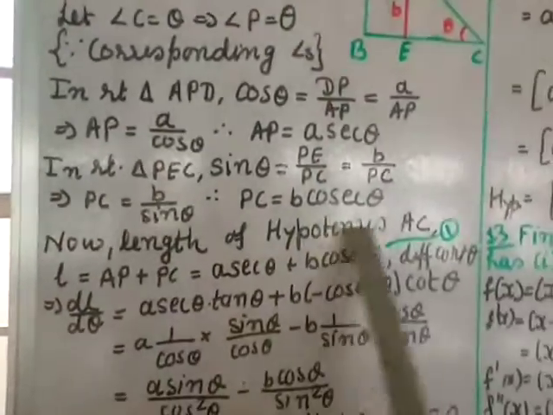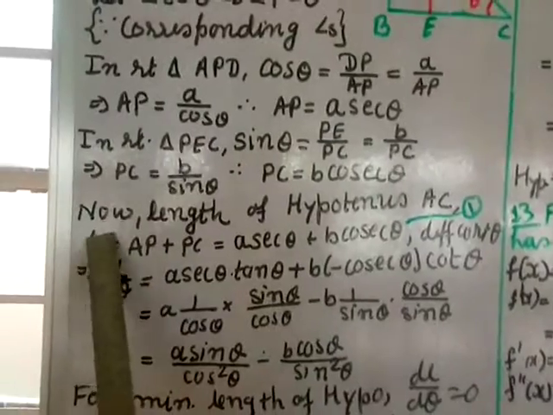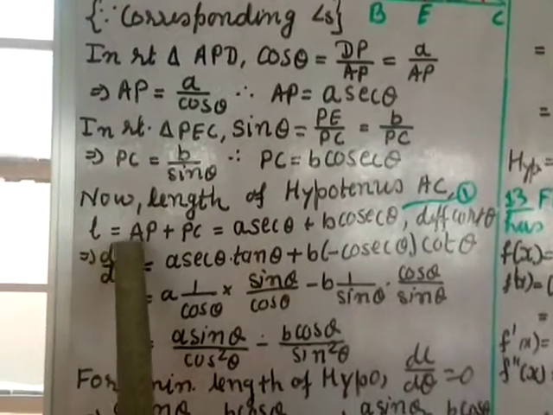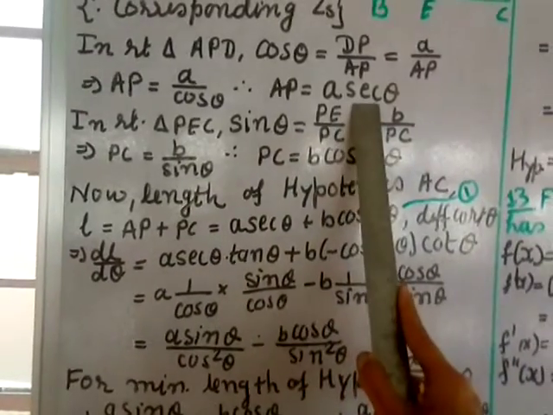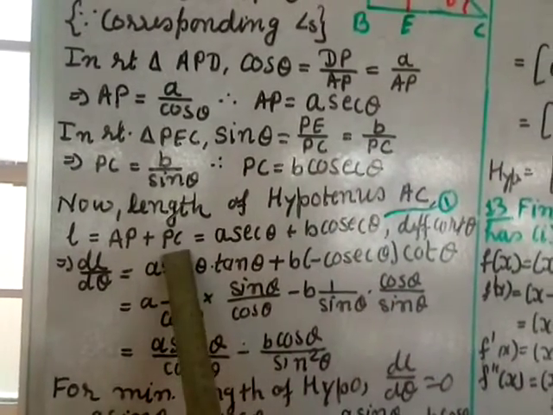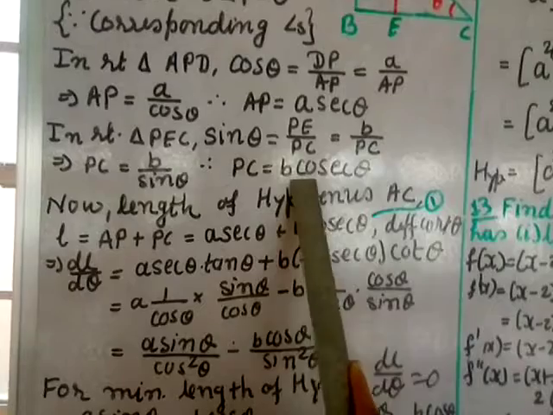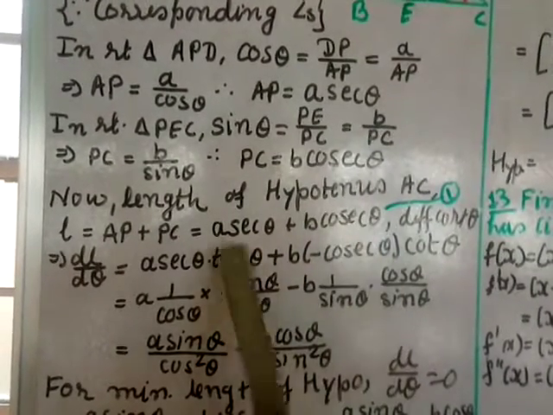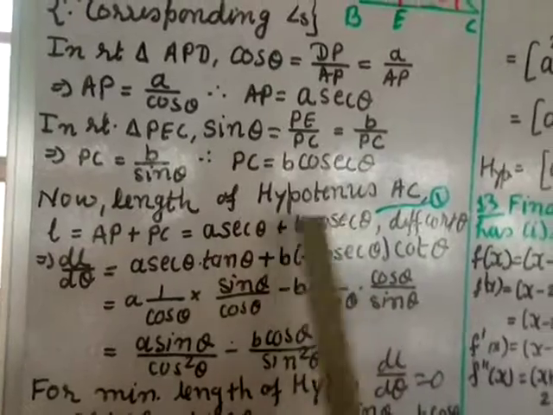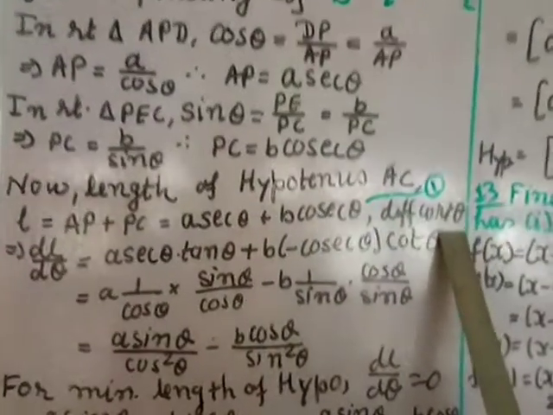Now the length of hypotenuse AC, I consider L, equal to AP plus PC. AP's value is a sec theta and PC's value is b cosec theta. I put the values here. Now both terms are functions of theta, with a and b constants. Differentiate with respect to theta.